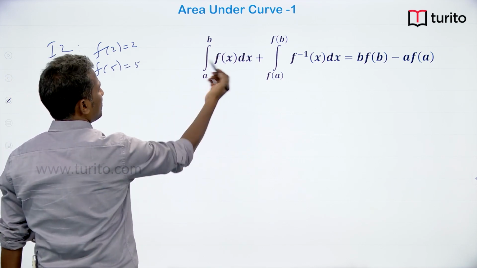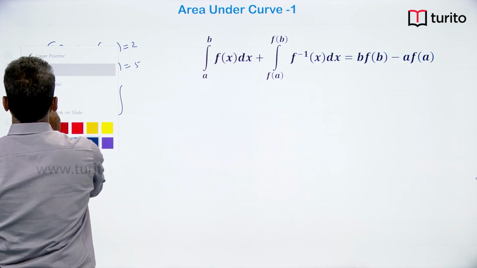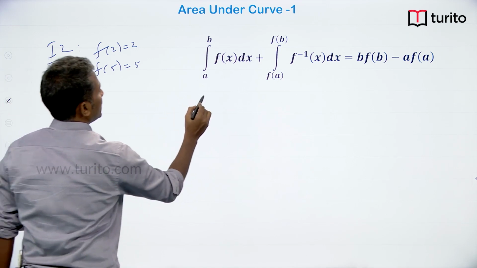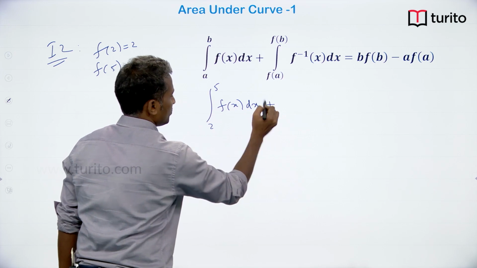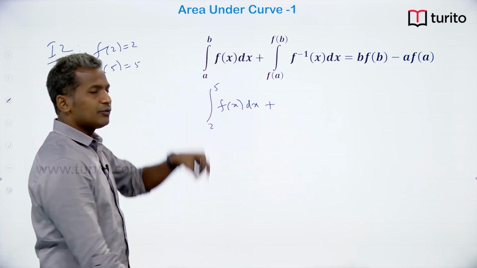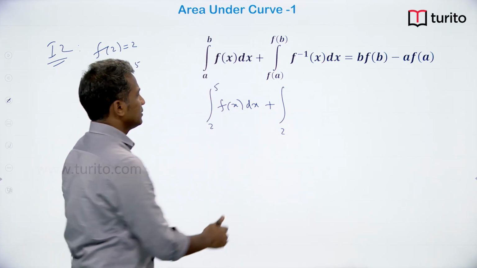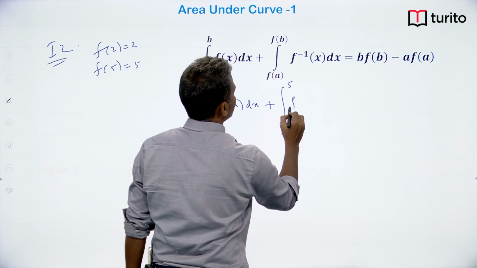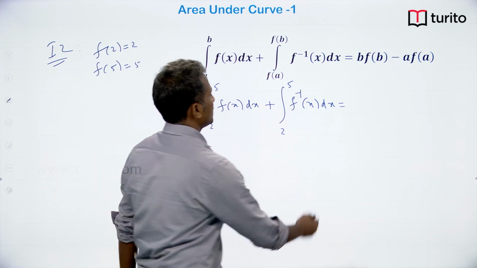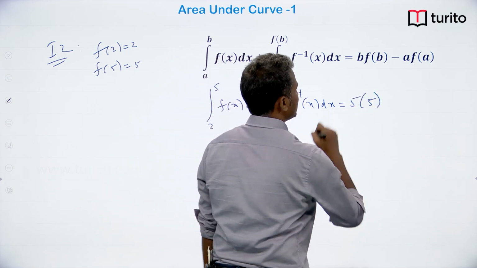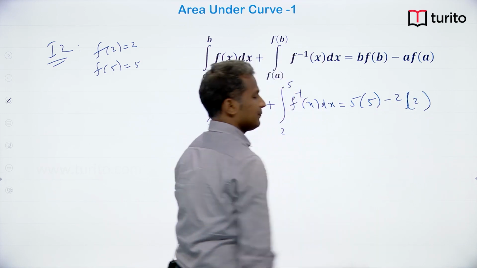So we can apply this and write a statement like: integral of 2 to 5 f of x dx plus, and f of 2 is 2, f of 5 is also 5, integral from 2 to 5 of f inverse of x dx must be equal to 5 into f of 5, which is 5, minus 2 into f of 2, which is again 2 only.